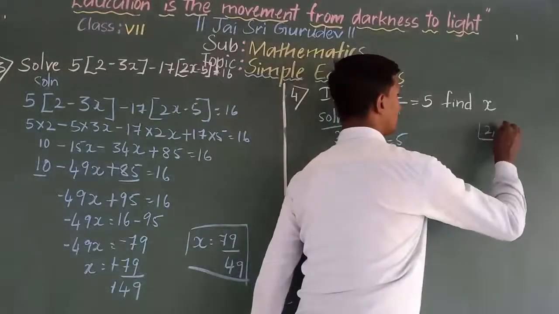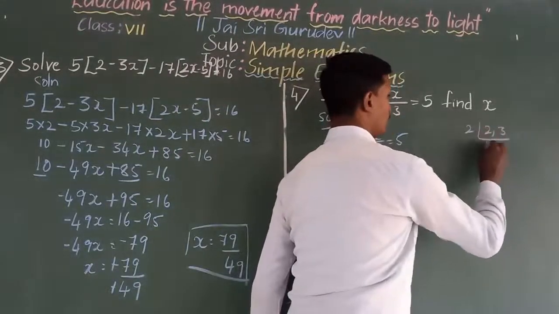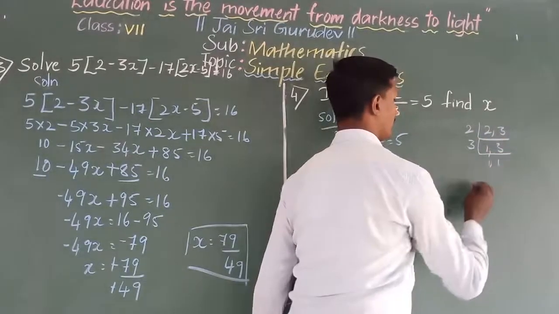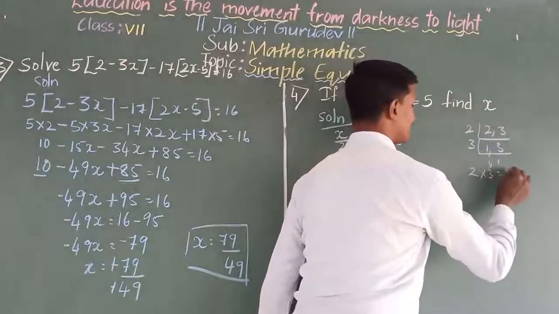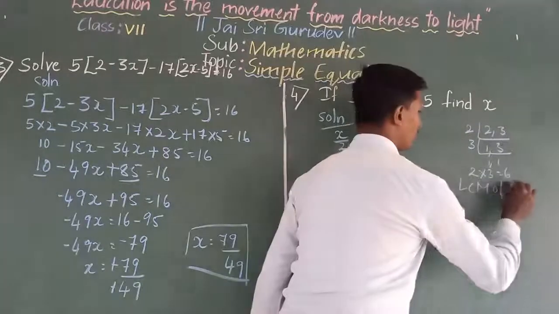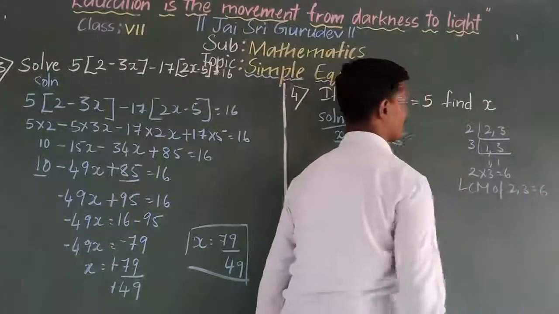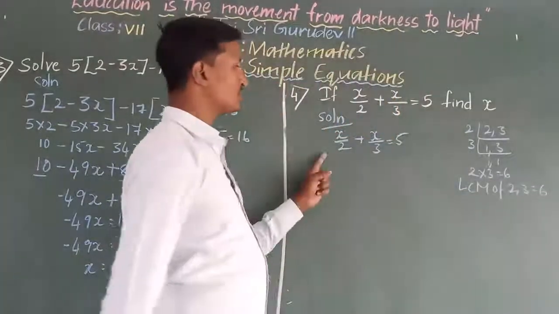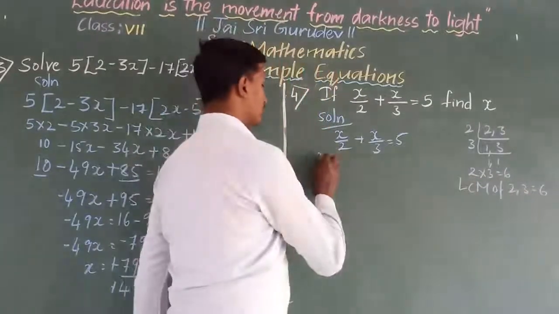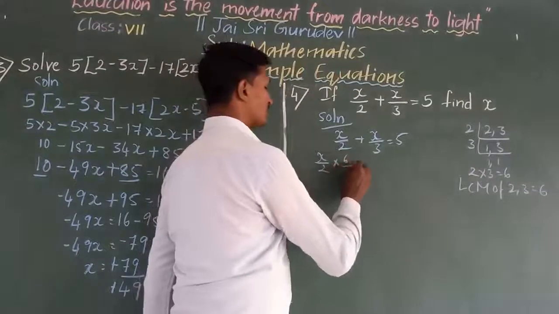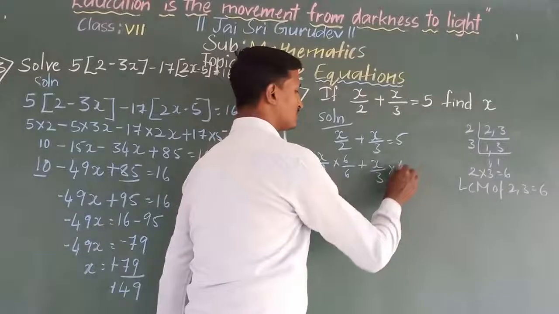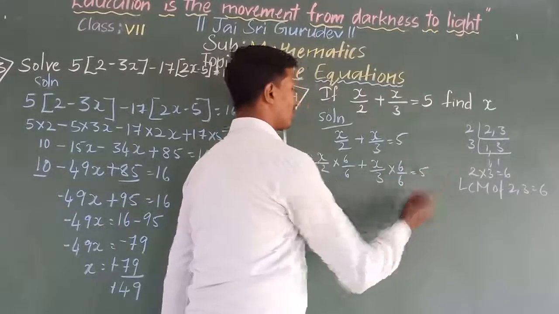2 3s are 6. The LCM of 2, 3 is 6. Now let us substitute the LCM in the given equation. x/2 into 6/6 plus x/3 into 6/6 is equal to 5.